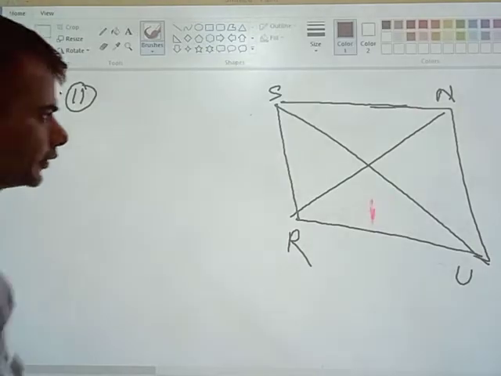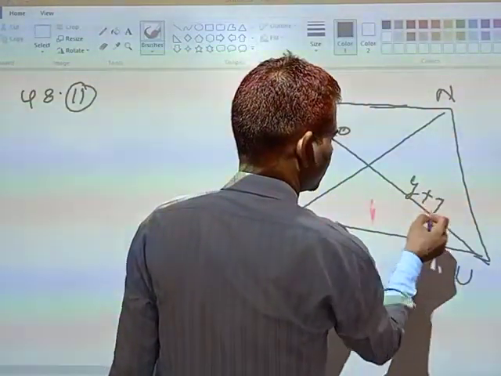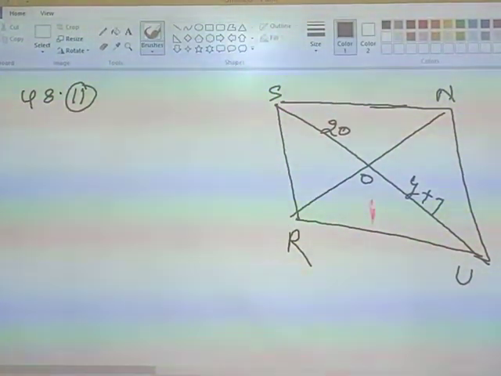20, y plus 7. And it is your x plus y is equal to 16.